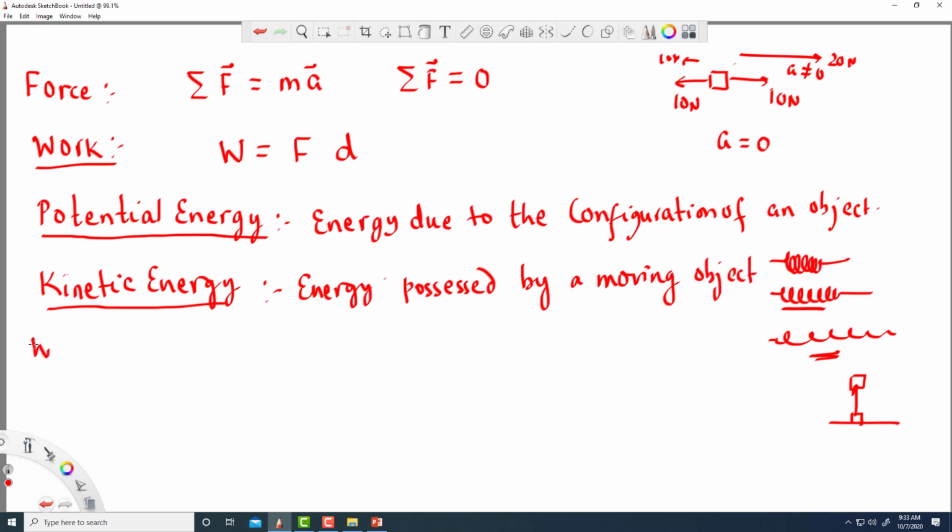Next thing is the work energy theorem. Did you learn the work energy theorem in Physics 1? If I do some work on an object, let's say on this chair, the work has to go somewhere, right? If I push it, where does the work go? What happens to the work I did on that object?